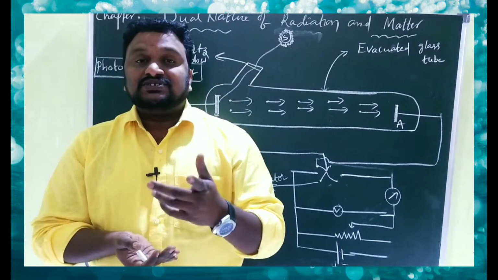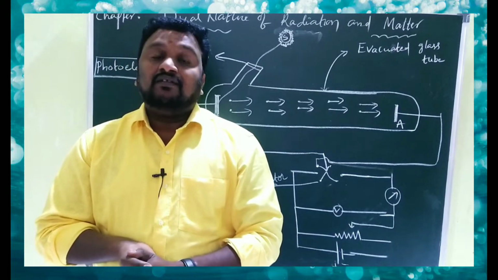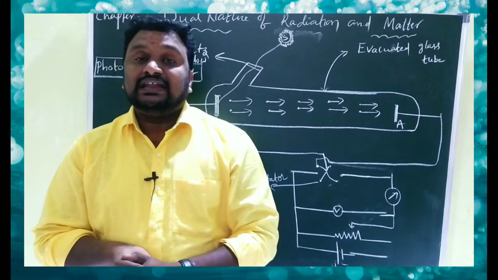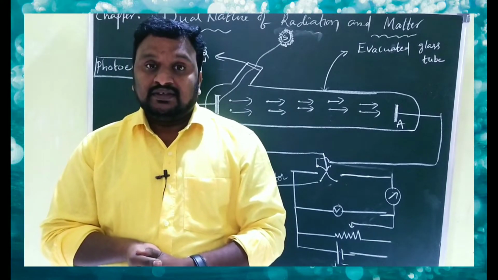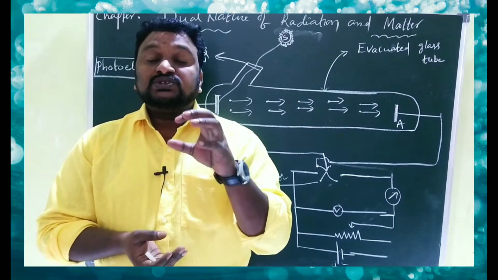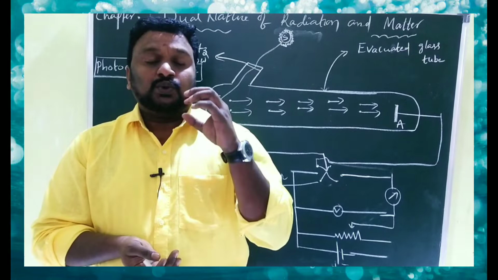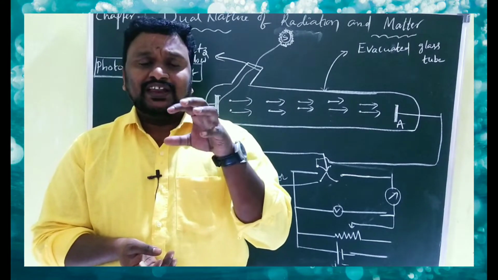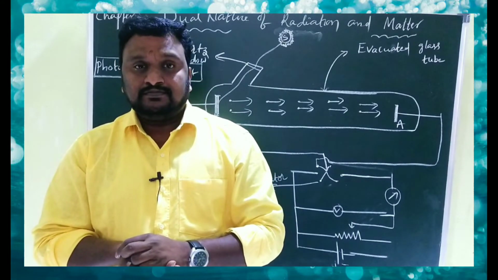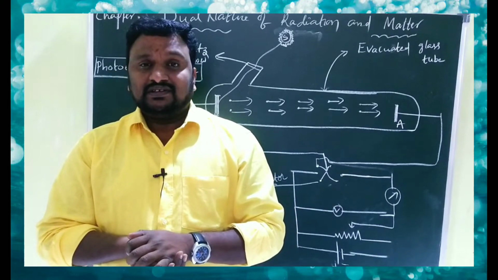The electrons which are far away from the nucleus are generally called valence electrons or free electrons. These electrons can be loosely bonded to the nucleus. That's why, to remove the electrons from any metal surface, we have to apply some energy. Clear?